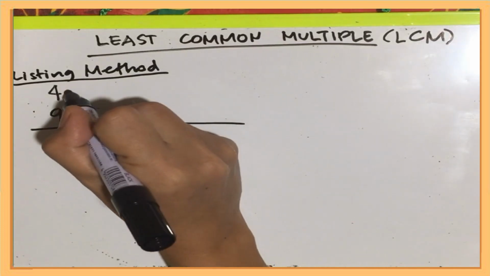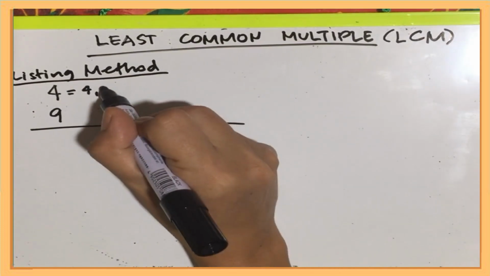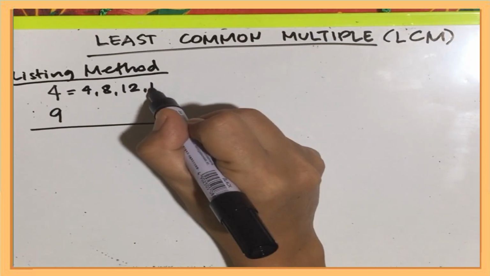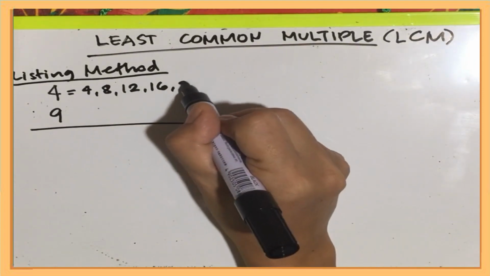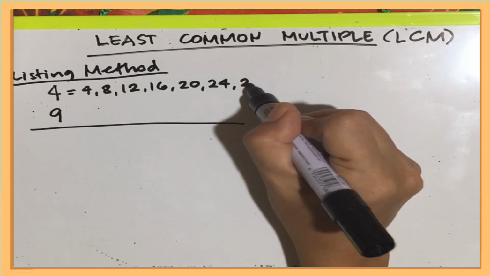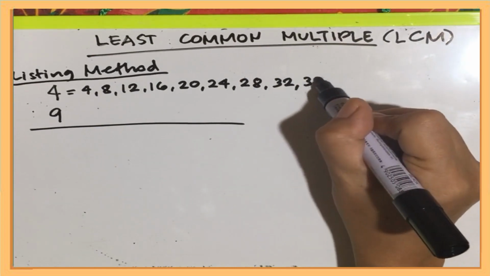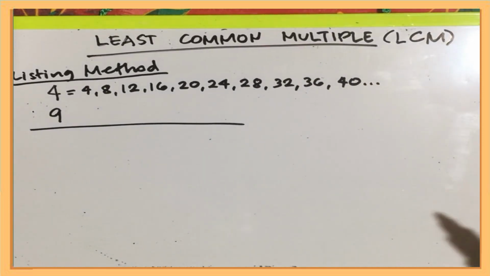Let us have the multiples of 4. 4 times 1 is 4, 4 times 2 is 8, 4 times 3 is 12, 4 times 4 is 16, or simply skip count: 4, 8, 12, 16, 20, 24, 28, 32, 36, 40, and so on.